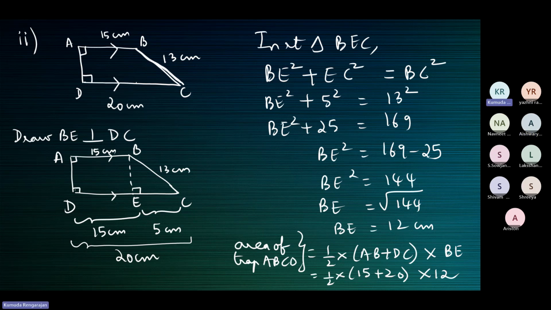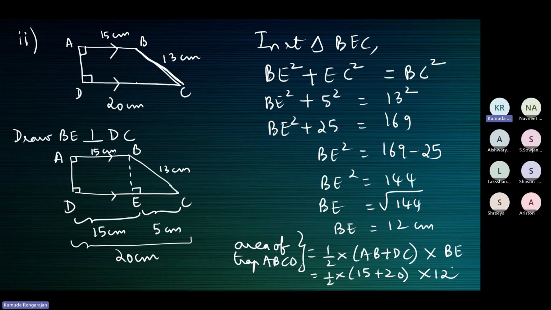So distance is the perpendicular distance. You should not take BC. BC is not the distance between the parallel sides. BE. When we say distance, it's a perpendicular distance. So 2 and 12, you can simplify to 6. Then 35 into 6, 15 plus 20 is 35. 35 into 6, 210 centimeters square.